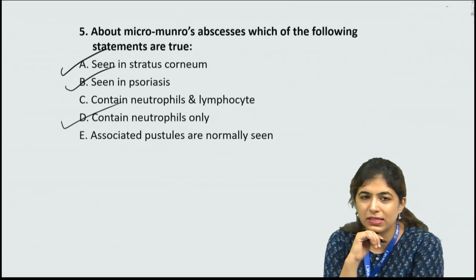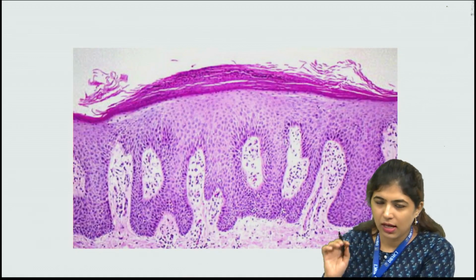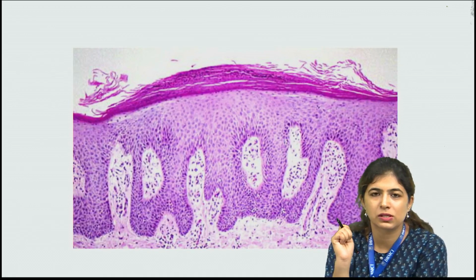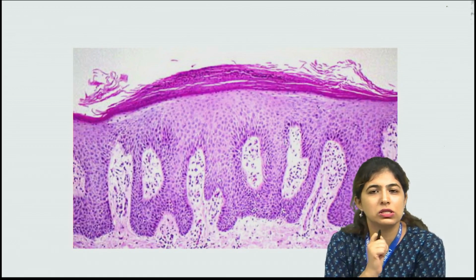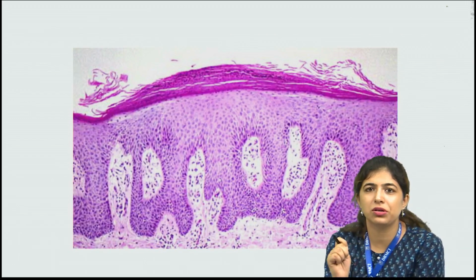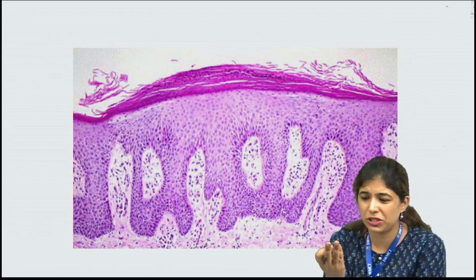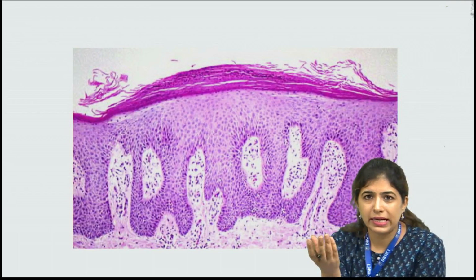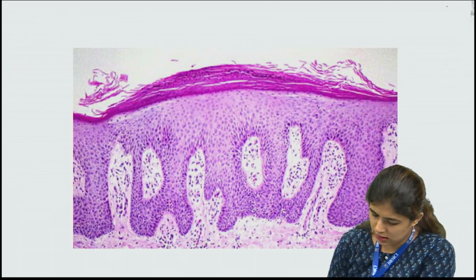So I'm sure this is an easy one with you. But using this question, I will like to discuss the histopath of psoriasis. Histopath of psoriasis is so important every year, every alternate year. One of the exams, PGI, AIIMS, NEET, DNB, whichever of these will have a question on HPE of psoriasis.